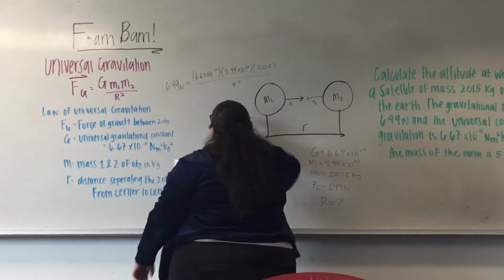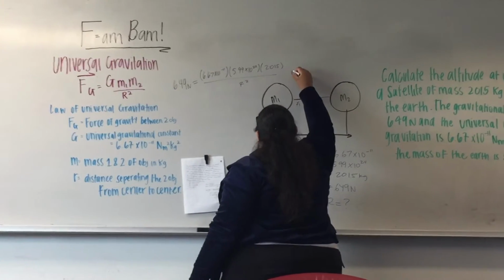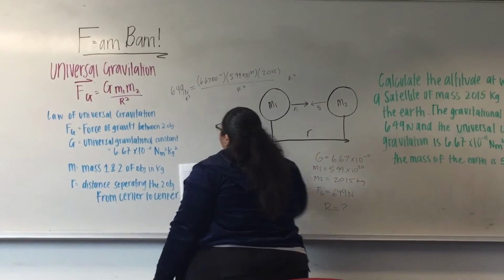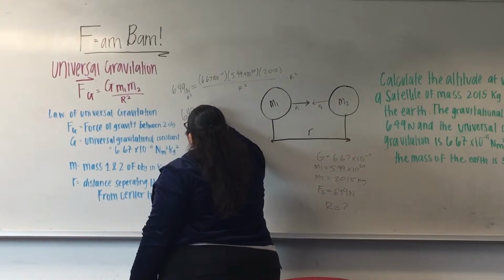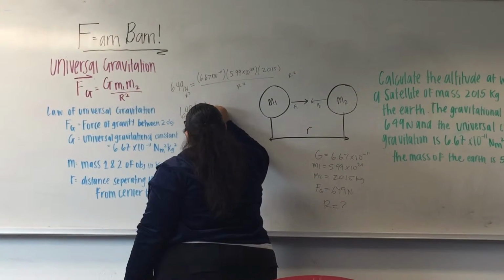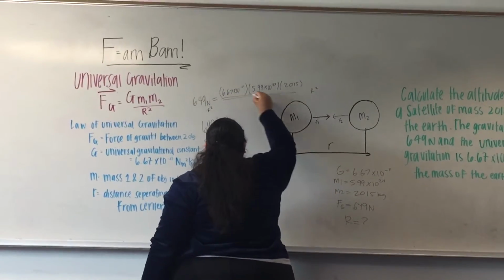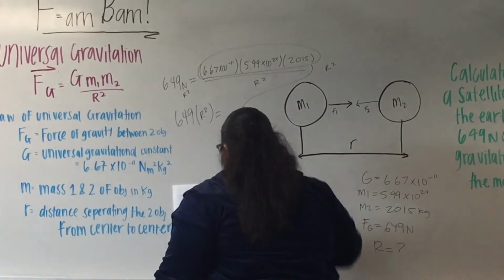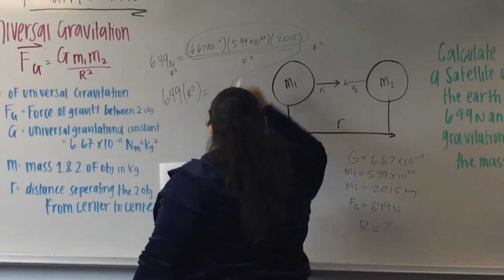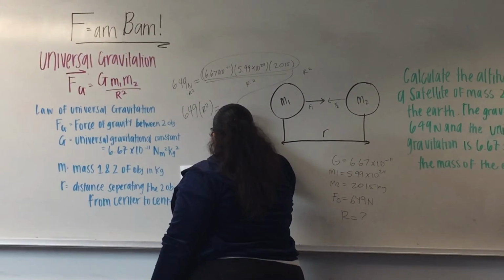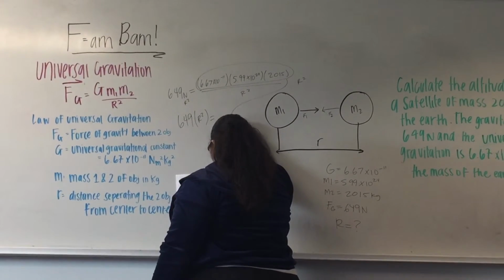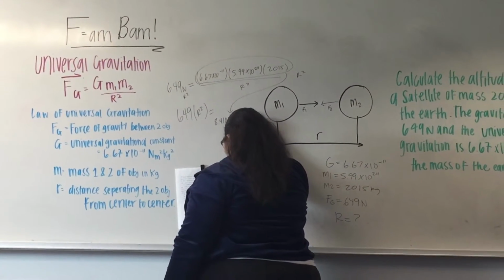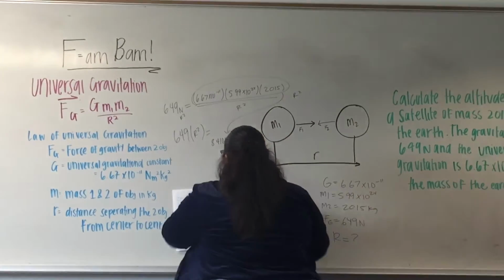So, in this occasion, we can multiply r squared on both sides. And we end up having 649 times r squared equals all of this. We just bring it down here. And that multiplied equals 8.4101696 times 10 to the 17.